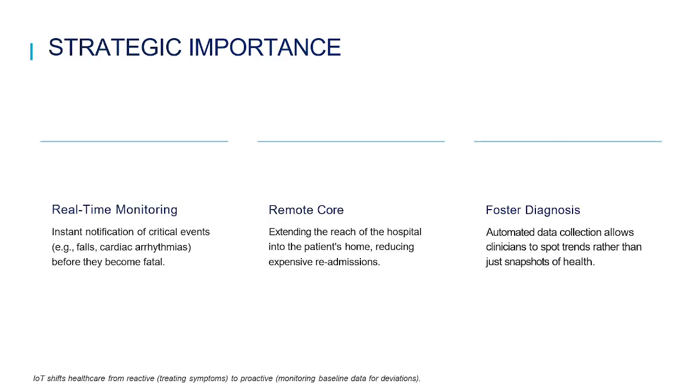The next slide is the strategic importance. Internet of Things is strategically important because it transforms healthcare from a reactive system into a proactive and preventive one. Traditionally, healthcare depended on patients visiting hospitals after symptoms became severe.